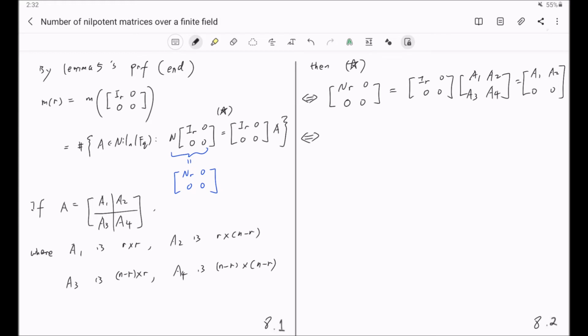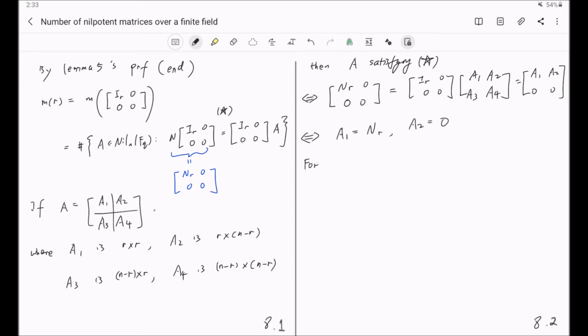And this is further equivalent to saying that A1 is N_r, while A2 is 0 by comparing both sides. At the same time, A3 and A4 can be any matrices.